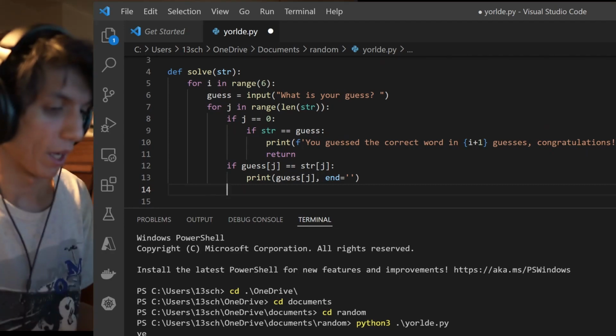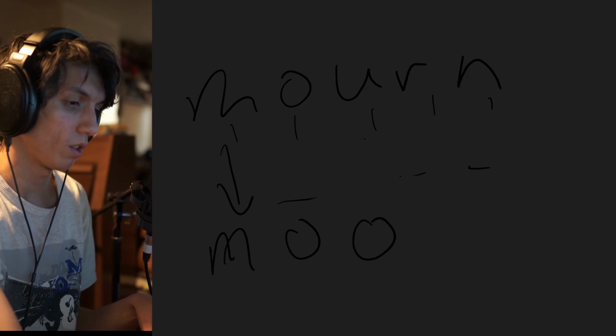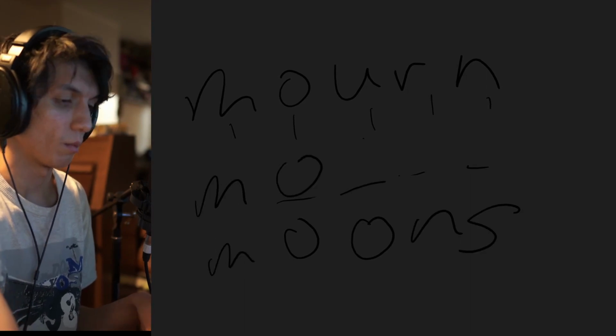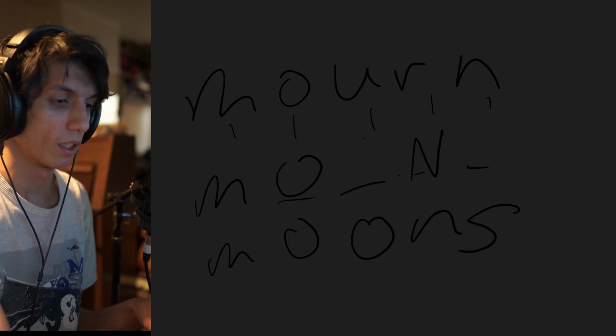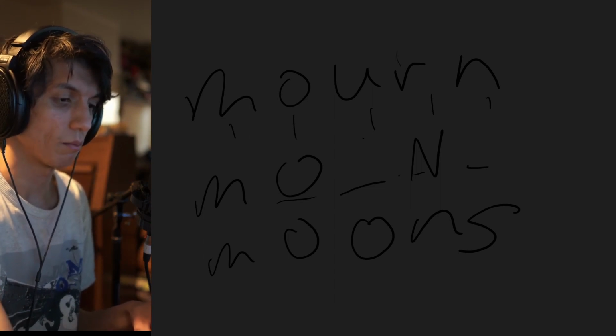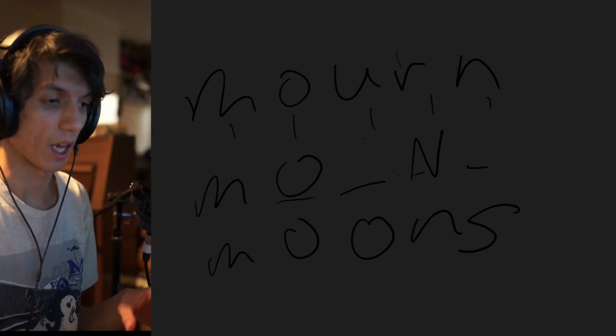Okay, now here's another case. We need to check if the letters aren't the same. Say for example we are back in here and we see moons. We have moons, and we get to n and we're like, okay, n is now capital. It's not the same letter matching, but it's in the word, so we enter it as a capital.